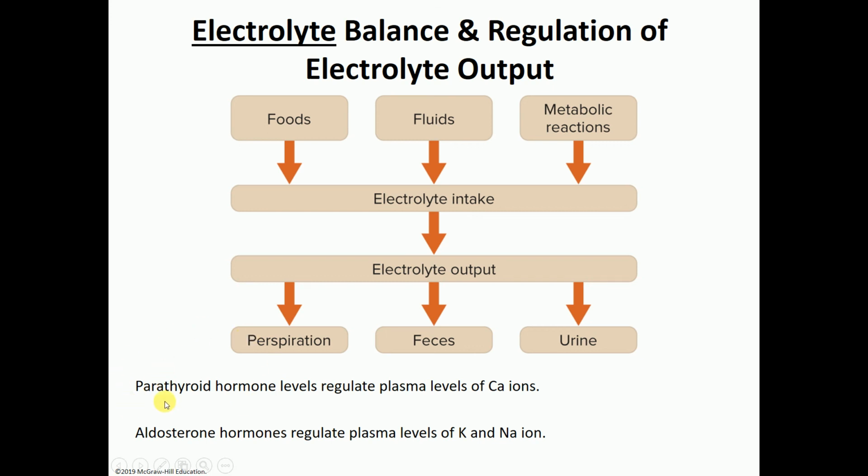And then the plasma levels of potassium and sodium ions are also regulated by changes in aldosterone hormone levels. So remember when we talked in chapter 20 and in the endocrine system, we mentioned that aldosterone increases potassium tubular secretion and increases the tubular reabsorption of sodium ions.